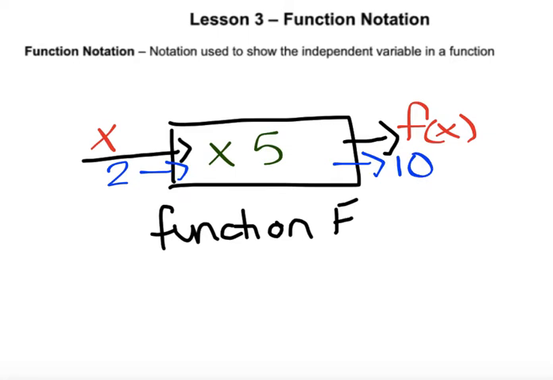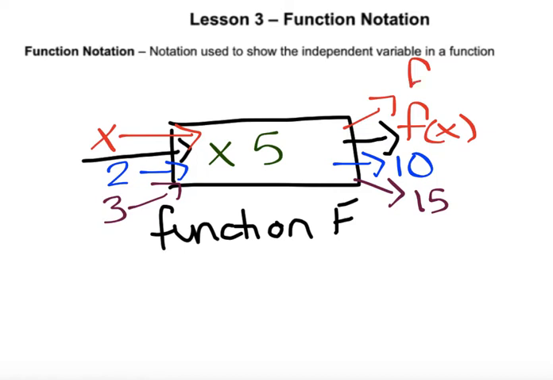Same thing happens if I put in 3. 3 is going to go into this function, and 3 is going to come out as 15. Now if we take a look at x again, and we put x into this function, now that we've multiplied it by 5, x is going to come out as 5x.